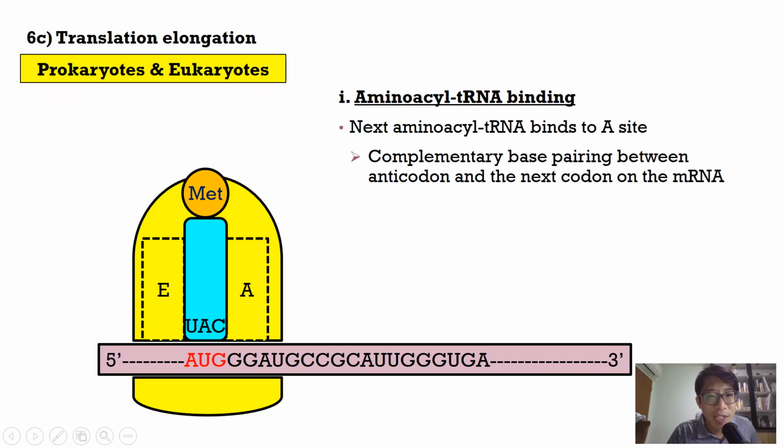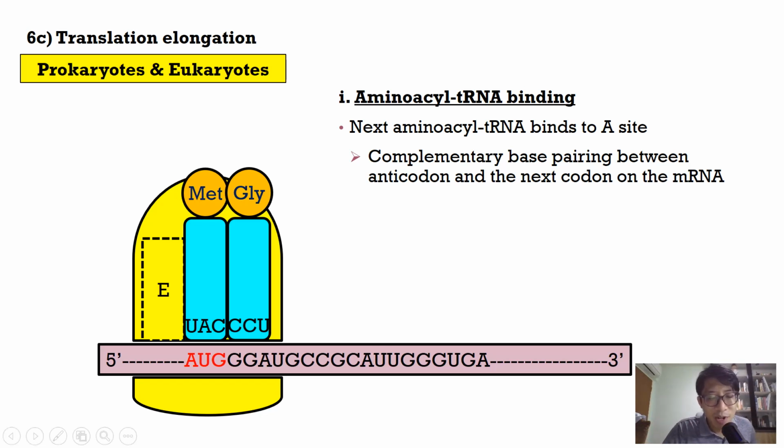So the next amino acid tRNA would come into the A site, and of course it must have the anticodon that's complementary to the next codon. Okay, so not any amino acid tRNA can come in, right?